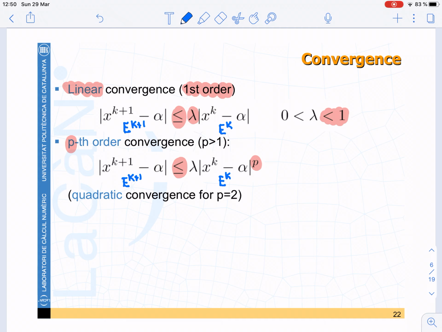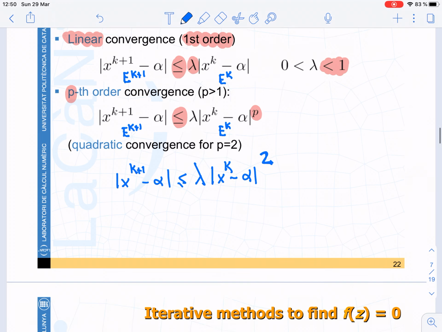The most usual convergence of order p is for p equal to 2, that is, |x_{k+1} minus alpha| smaller than lambda times |x_k minus alpha| to the power of 2. This 2 is what quadratic convergence means.